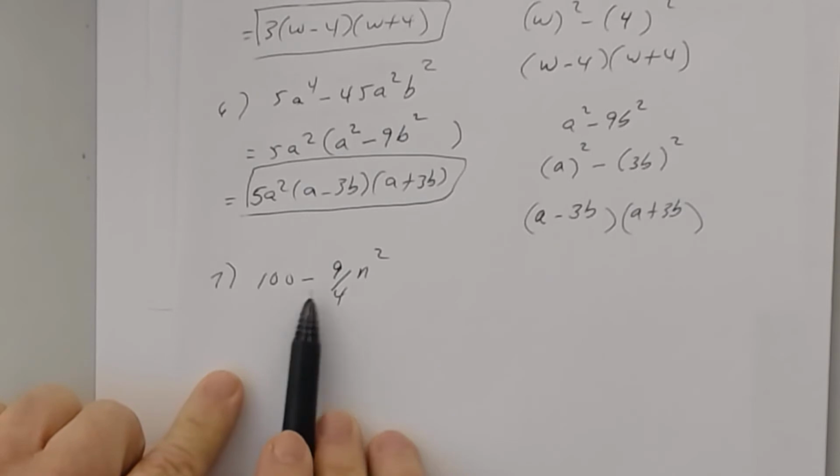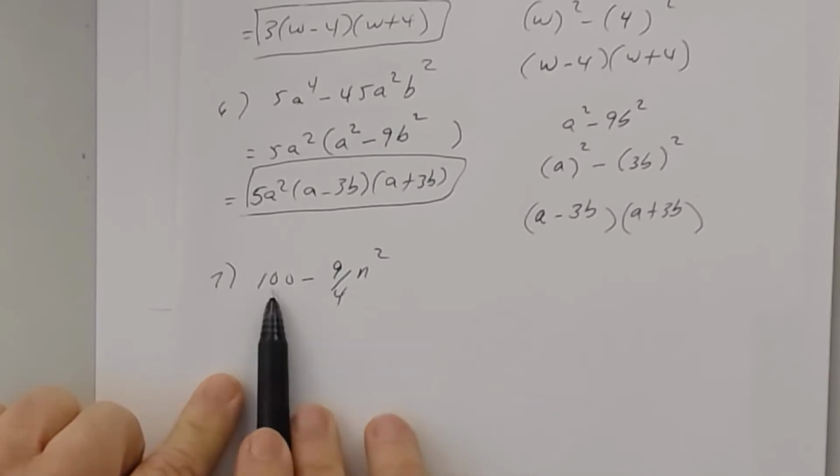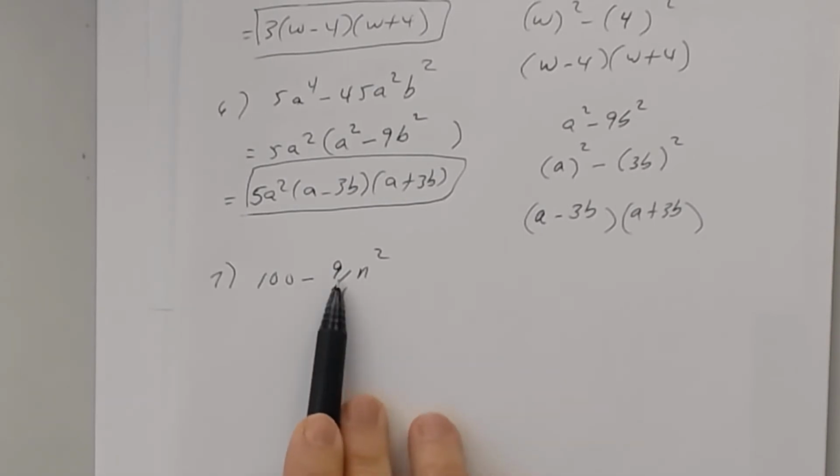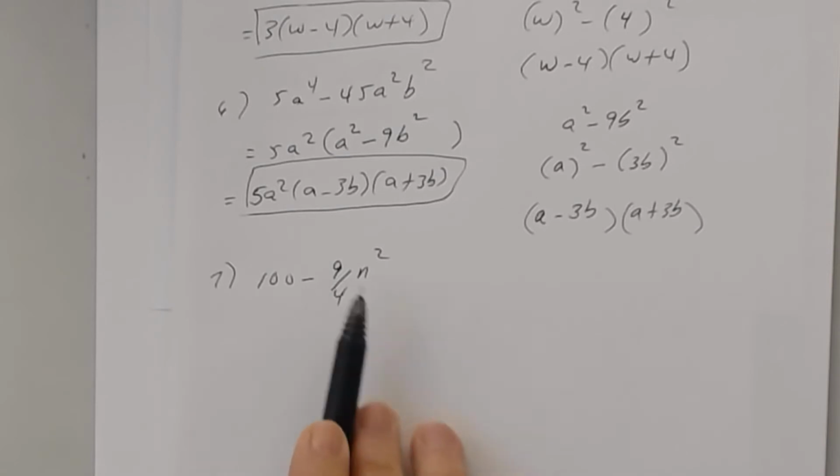So let's check and see if this is the difference of two squares. Notice 100 is a perfect square because what times itself is 100? 10. 9 is a perfect square. What times itself is 9? 3. 4 is a perfect square. What times itself is 4? 2.